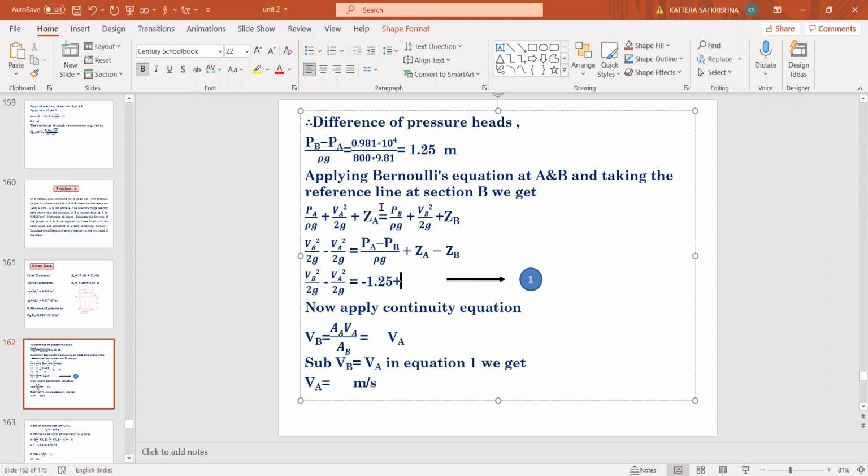Two. Yes, ZA is 2 meter, minus ZB. ZB is 0. So totally what you will get is VB square minus VA square by 2g equal to 2 minus 1.25, that is 0.75 meter.